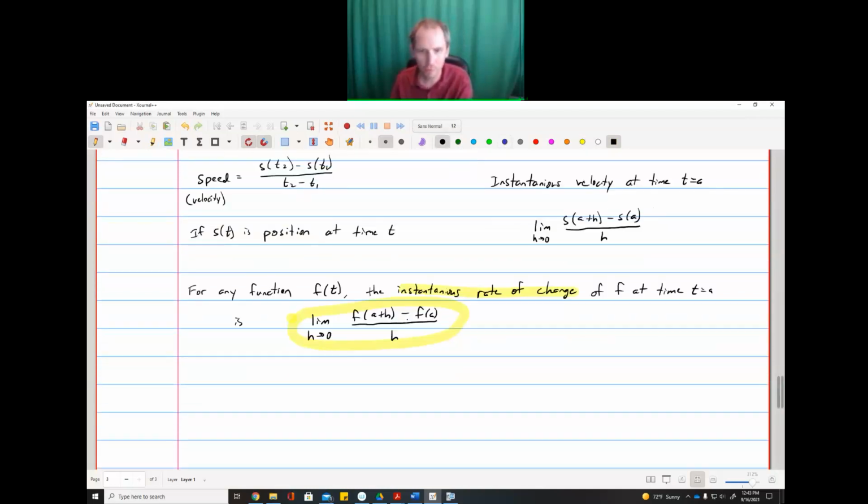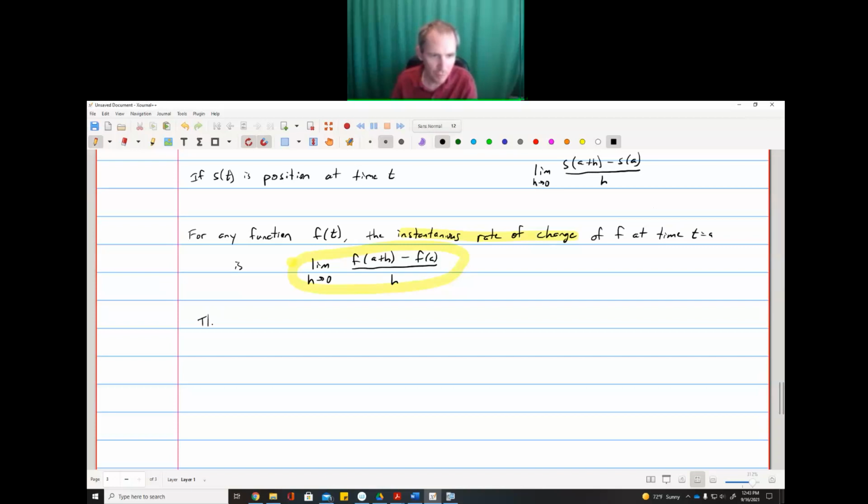As opposed to the average rate of change from time t1 to time t2, which is f of t2 minus f of t1 all over t2 minus t1, with no limit.